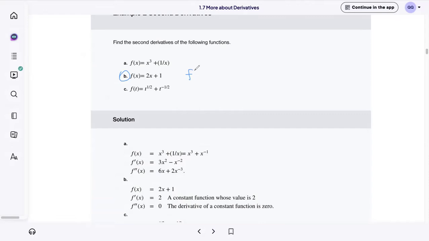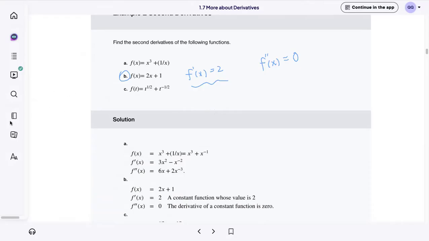The first level of derivative, we just call f prime of x. That's just equal to 2. Then we differentiate this, treating it as a function. We call it f double prime, with one more apostrophe. What is it? 0, isn't it? Because the derivative of a constant is 0.